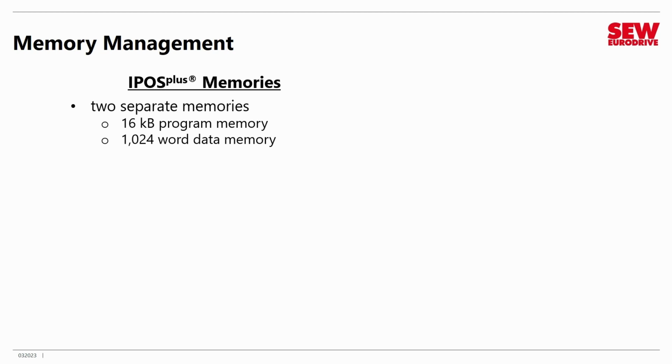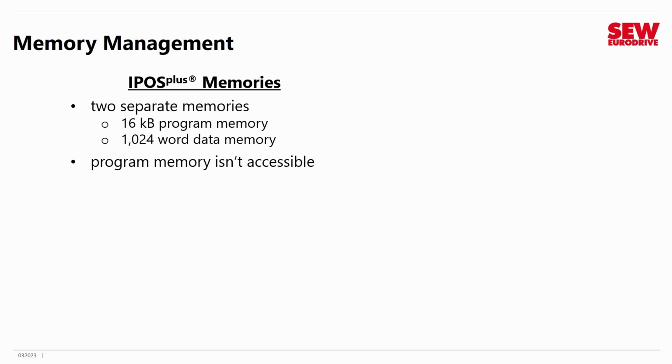All right, so there's the program memory, and then there's also what's called the data memory, and it's got 1,024 words. Notice it's not bytes or kilobytes or anything, it's words. I'll explain what that means in just a second. Again, that seems like a very small amount of memory, but actually it's plenty. You will probably never exhaust it. Now, program memory isn't accessible. What I mean by that is that the program can't read its own memory.